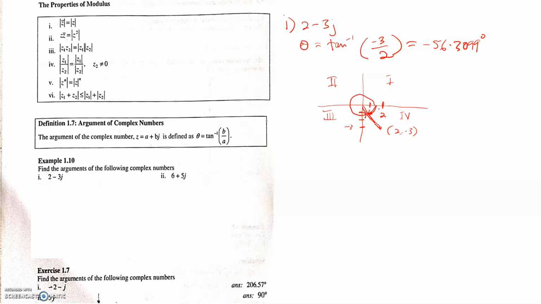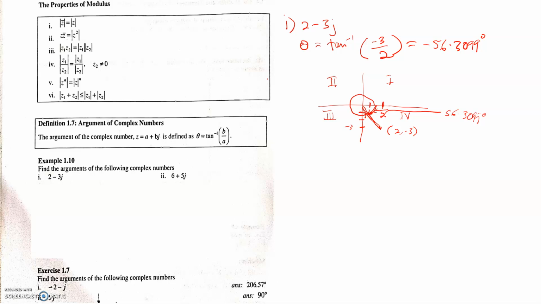Right, this is where the 56.3099 degrees is. So we don't want that. We want this one. So how to get it?